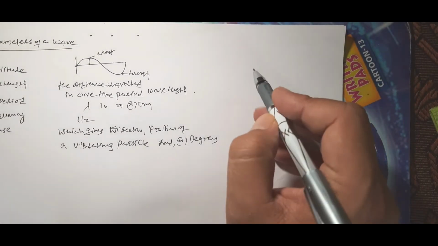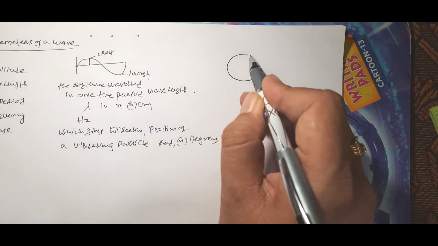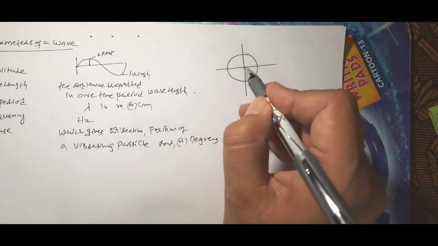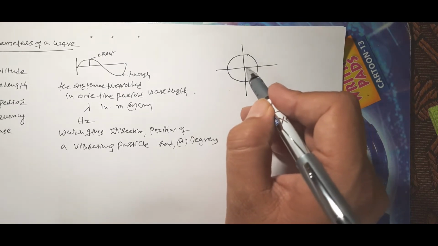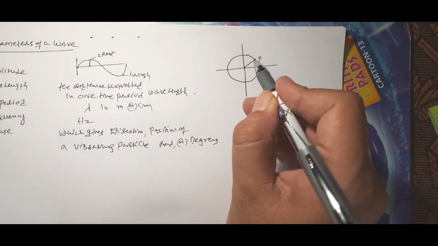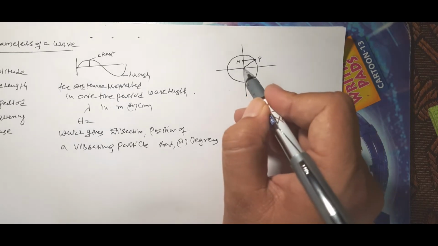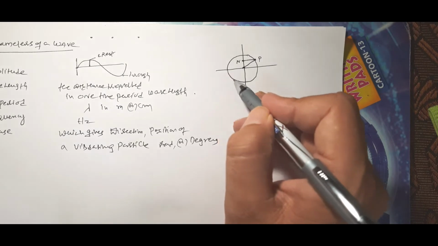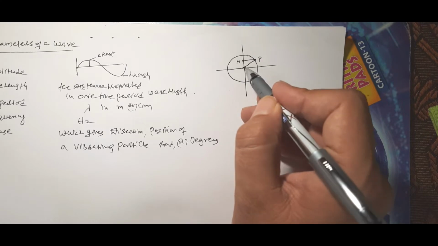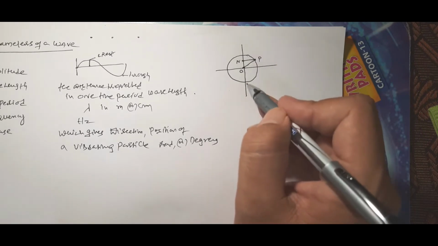In first year SHM, we explained the vibration of a particle, simple harmonic motion, by taking a circle, that is, a reference circle. So this is a particle P. Now the projection drawn from P on any diameter is N. As the particle is moving in circular motion, the projection N is oscillating about the mean position along the y direction.